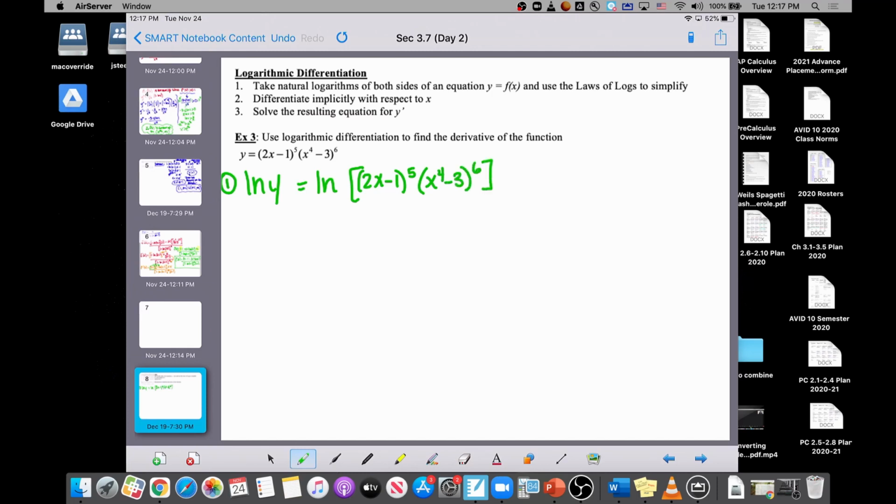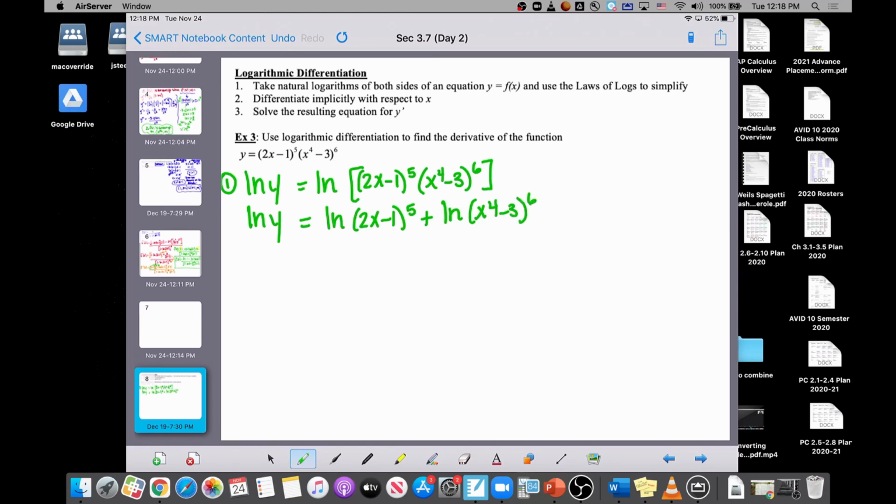And then when we use our laws of logarithms on the right-hand side, remember, if two things are being multiplied together inside of a log, that can be expanded to the addition of two separate logs. So I still have ln y is equal to, but now over here I'm going to have ln of (2x minus 1) to the 5th plus ln of (x to the 4th minus 3) to the 6th.